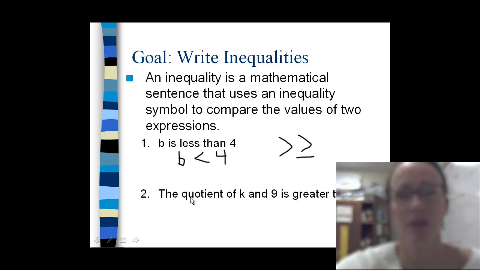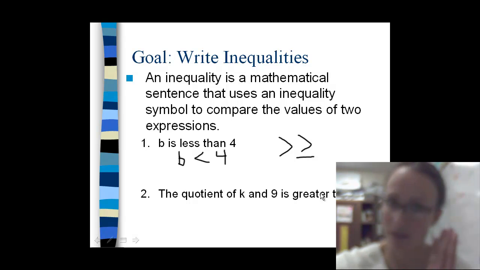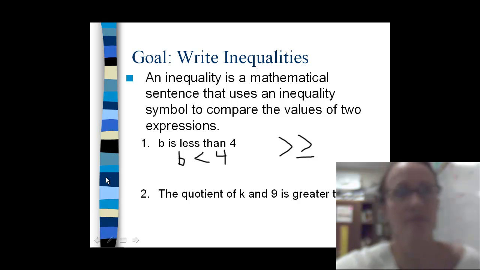For our second example, we need to remember what a quotient means. Do you remember what a quotient means? That's right, it's divide. And we're going to use is greater than. Is greater than is not an L, so it's not this symbol, it's the other one.